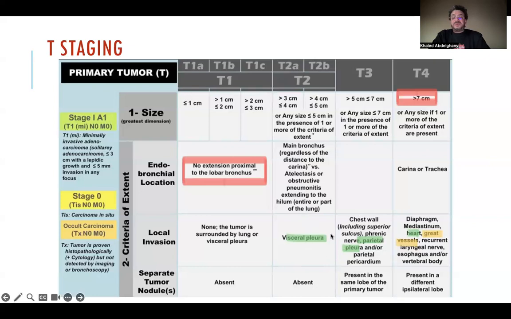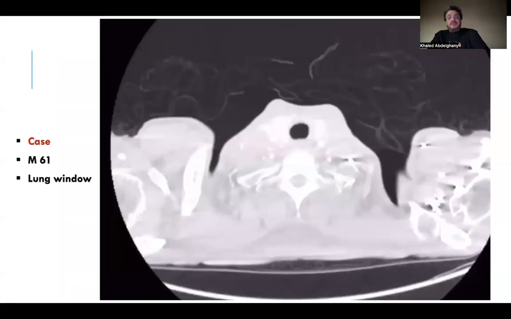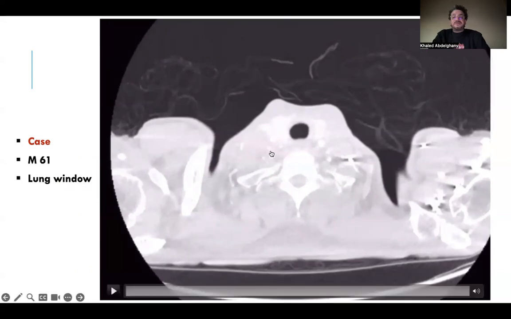We will raise the possibility of invasion of the pleura, but we are sure, because of encasement of the great vessels, that we have involvement of the right pulmonary artery. So according to these two criteria, our staging is T4. And this was the end of the T staging as T4 for our case. Thanks for your attention.